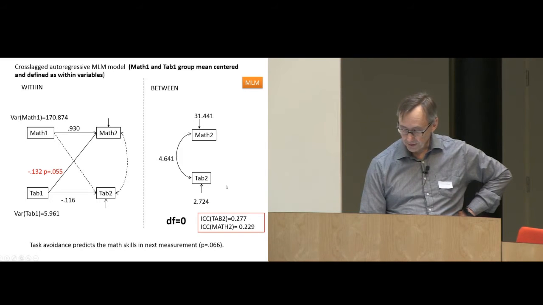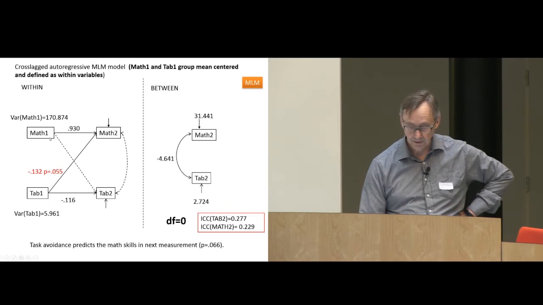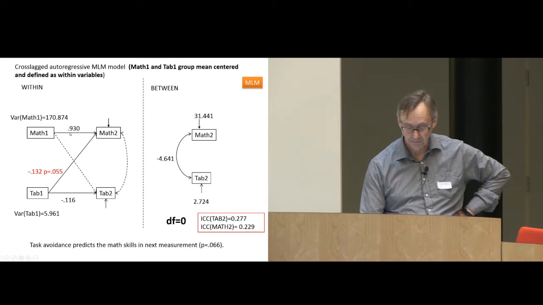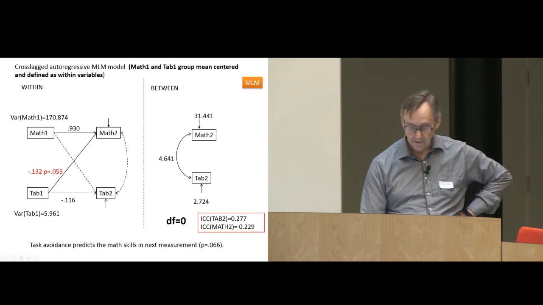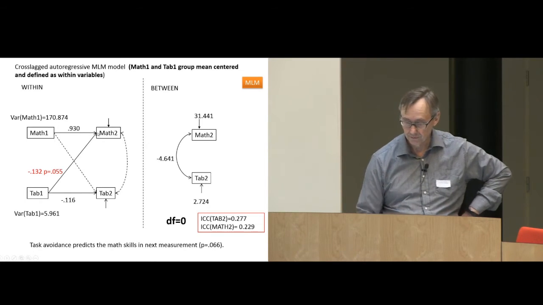Now you can see that the intraclass correlation is over 0.20, and it means that variance in between level is statistically significant. And now the stability coefficient is 0.93. And now task avoidance cannot predict math 2.